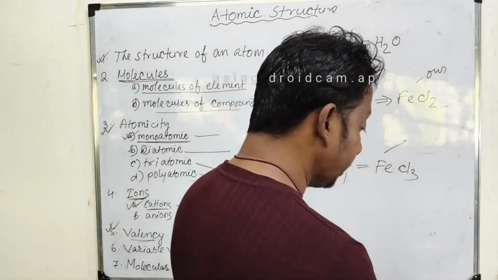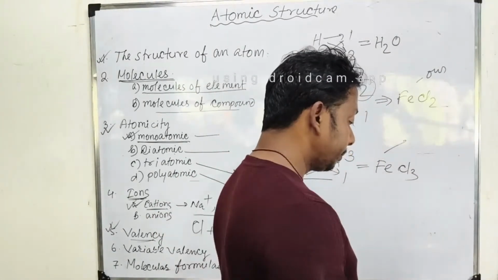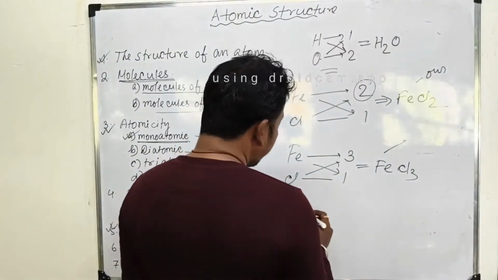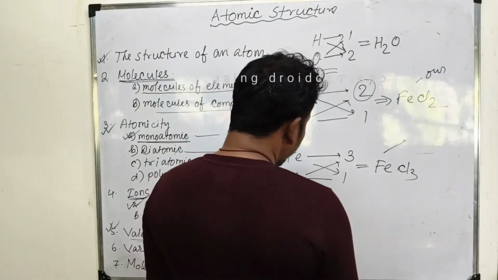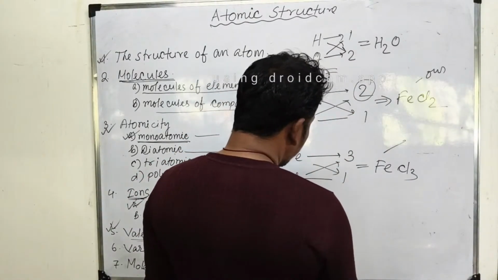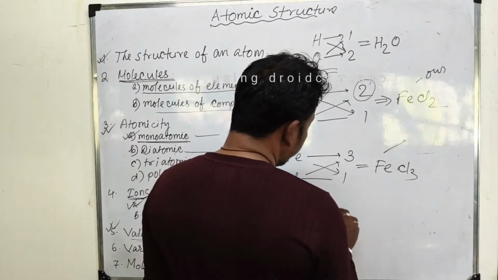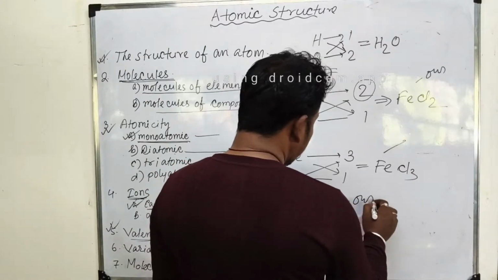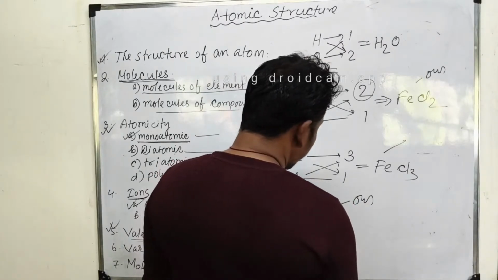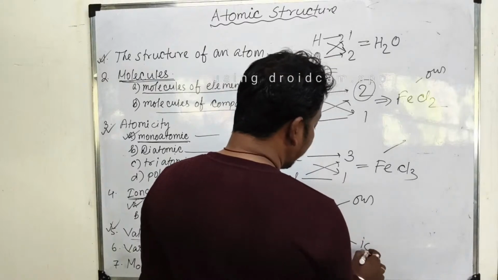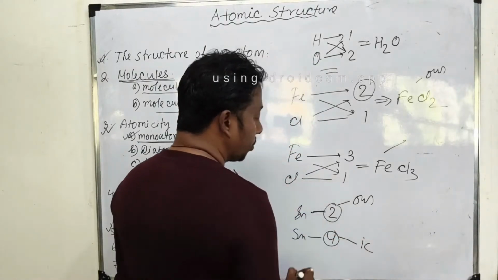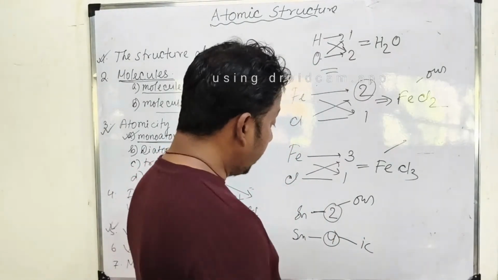Stannous, stannic. Okay. Tin. When tin shows valency 2, this is "ous". When it shows valency 4, it is "ic". That means the number is not important.